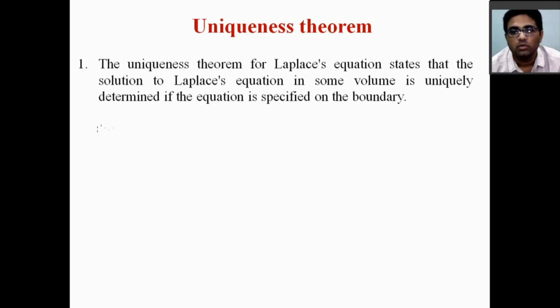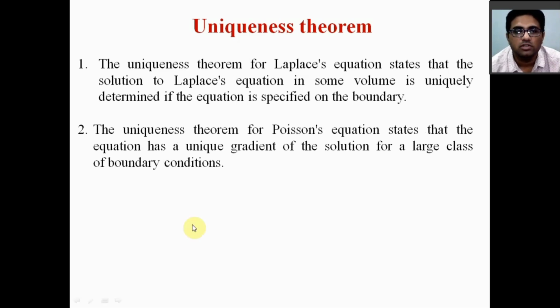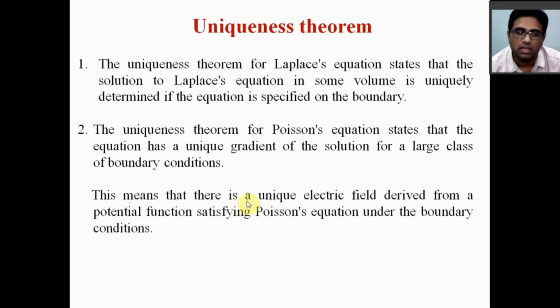And the uniqueness theorem of Poisson's equation states that the equation has a unique gradient of solution. This means that there is a unique electric field derived from a potential function satisfying Poisson's equation under the boundary conditions.